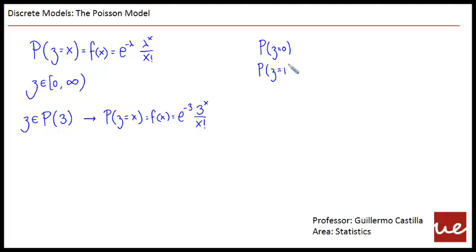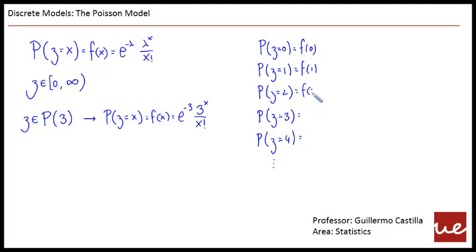This describes the probability of something happening x times when it usually happens 3 times per minute. Okay? So this is the probability of something happening x times in 1 minute when usually it happens 3 times in 1 minute. Okay, so we'd have a number of probabilities here.